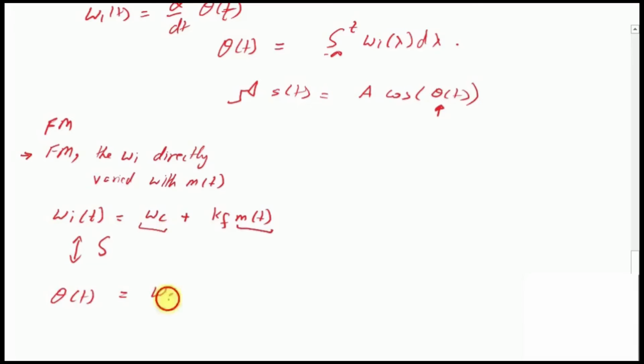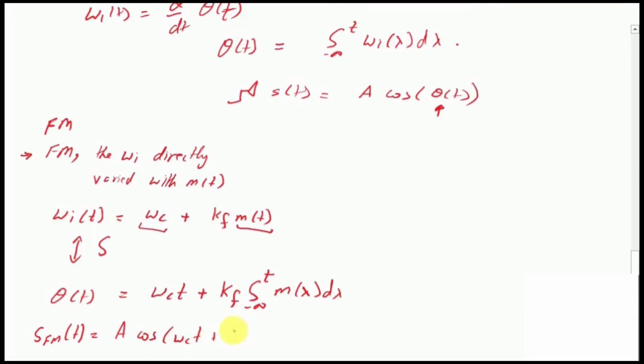This would become omega ct, and we would have the constant coming out of the integral from minus infinity to t of m of, say, lambda d lambda. So that would be the angle. And so if we are sending the message signal, say s, the frequency modulated signal, we would have a cos of omega ct plus kf integral of m of lambda d lambda, right? So this is basically our FM.